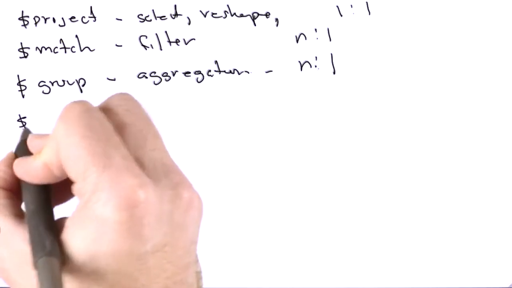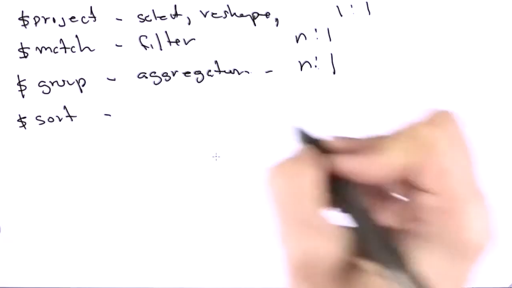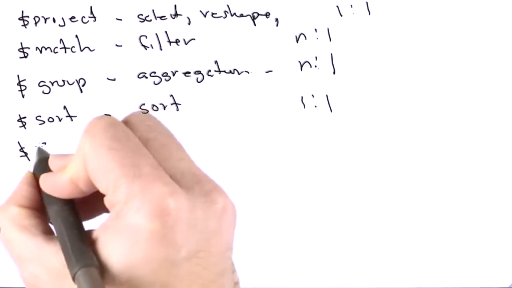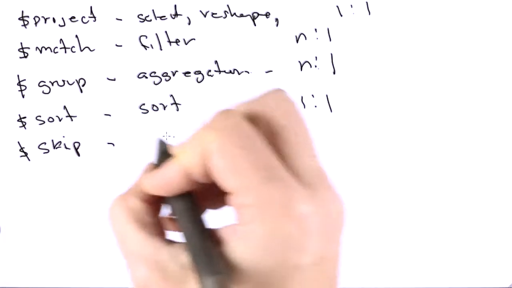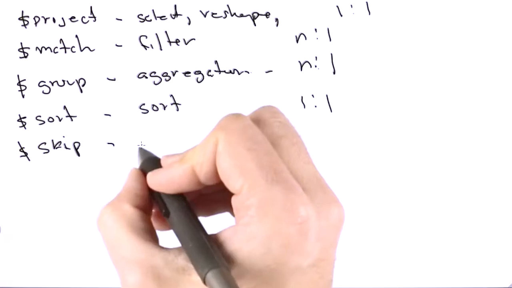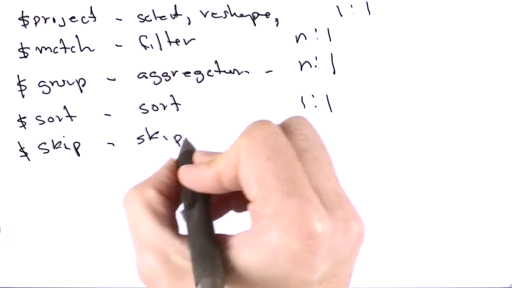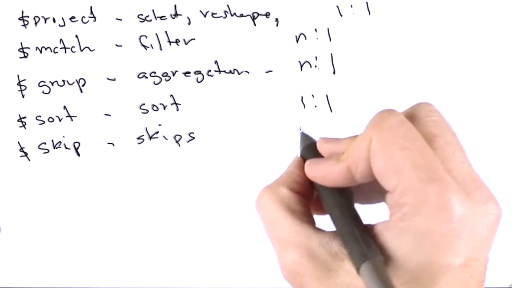And then there's a sort stage, and the sorting stage does exactly what you could imagine. It sorts, and that's 1-to-1. Every document it sees, it produces another document. And then there's a skip stage, and the skip stage can skip forward. It only makes sense after you sort, and just skips. And again, this is not 1-to-1. This is n-to-1 because, of course, if you skip forward 10, then you aren't going to produce all the documents.